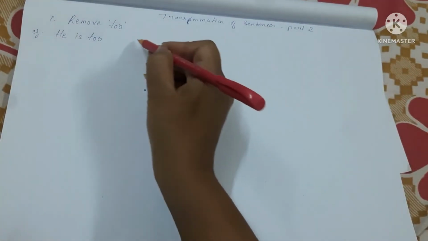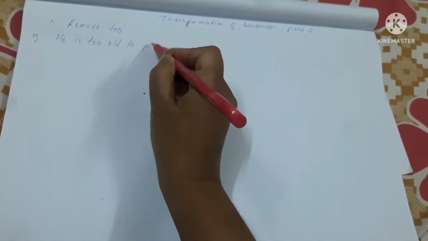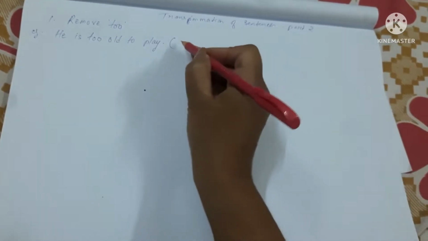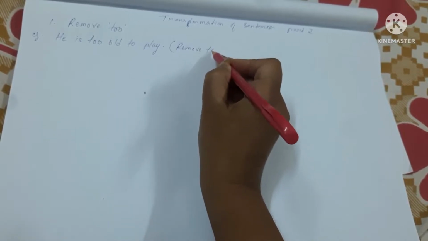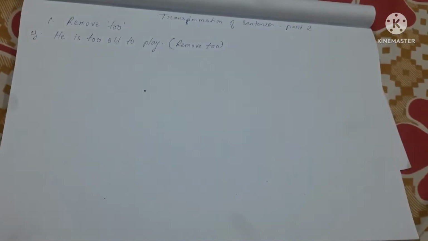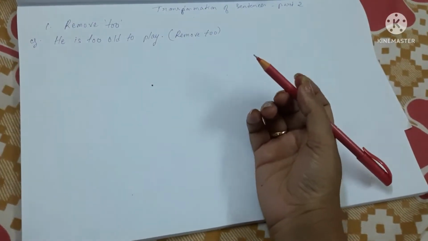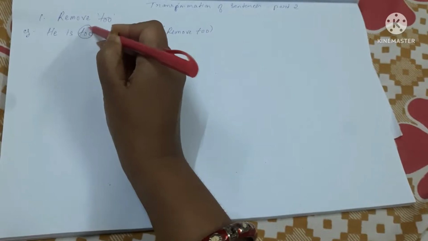He is too old to play, where the instruction given will be remove too. Now, as the instruction is remove too, you simply have to remove too.